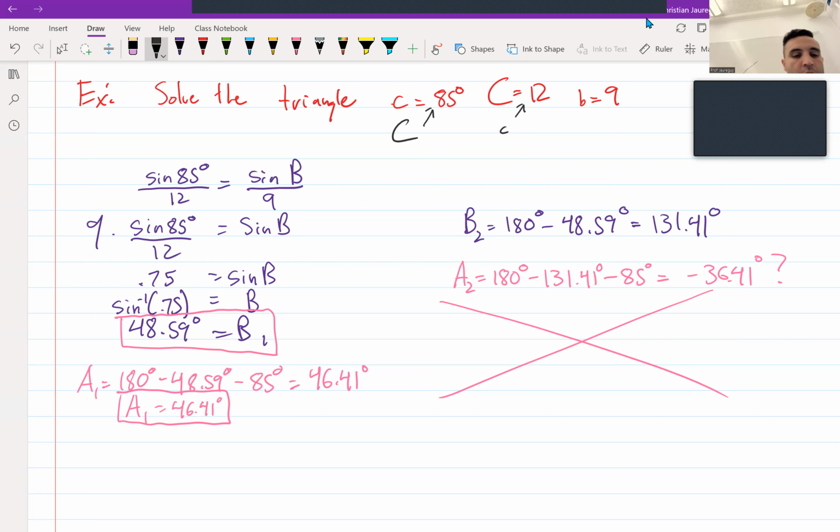But anyways, so I find the last little a here. So I know that little a over sine of 46.41 degrees equals little c, which would be 12, over big C, which would be sine of 85 degrees.